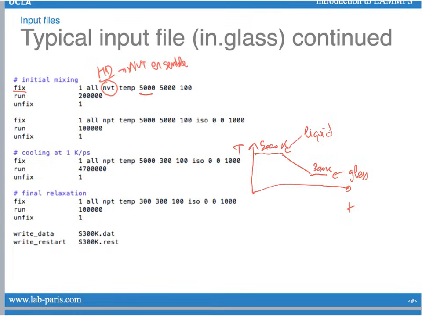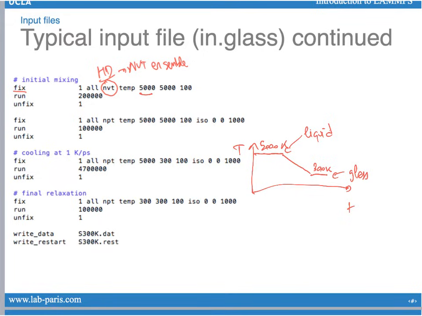The atoms will be moving so fast that they will not remember where they come from. So after a few picoseconds of molecular dynamics, the initial configuration that you provided will not be relevant anymore. You will have a new equilibrium condition for a liquid at 5,000 Kelvin.